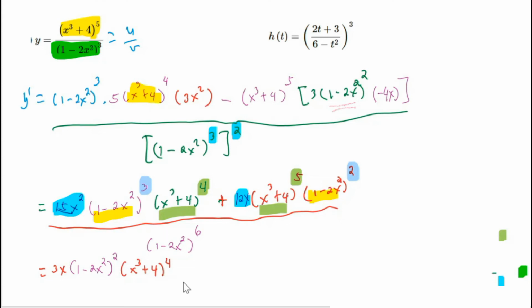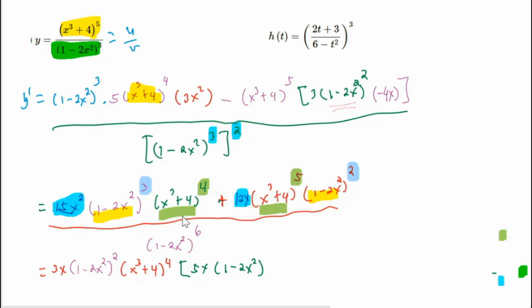Now, we're going to divide the numerator by its common factor. It starts first with 15x squared divided by 3x. The quotient is 5x. And then for the second factor, we have the cube of 1 minus 2x squared divided by the square of 1 minus 2x squared. So we still have 1 to the power of 1 of this binomial, so I can write now 1 minus 2x squared.